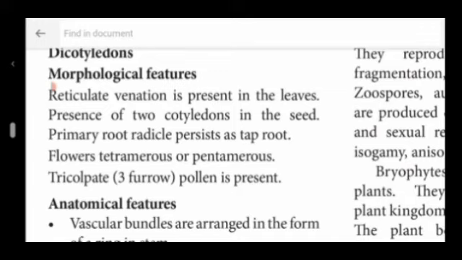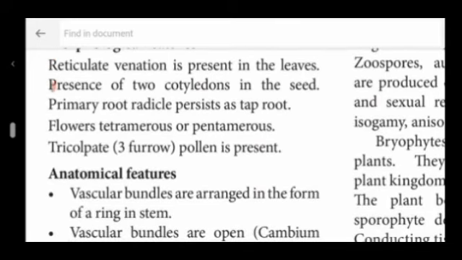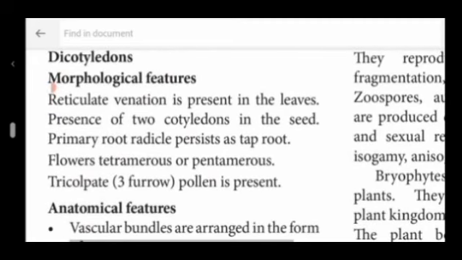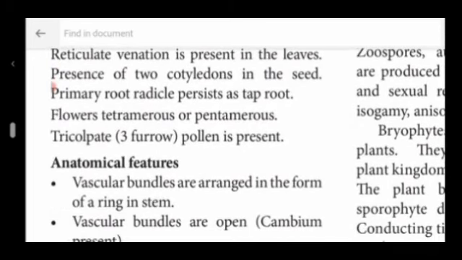In reticulate venation, a network of veins is arranged from a single midrib region. Reticulate venation is present in the leaves, and two cotyledons in the seeds. The primary root radicle persists as a taproot system. The main characteristic features of the dicotyledons are reticulate venation, presence of two cotyledons, and the taproot system.